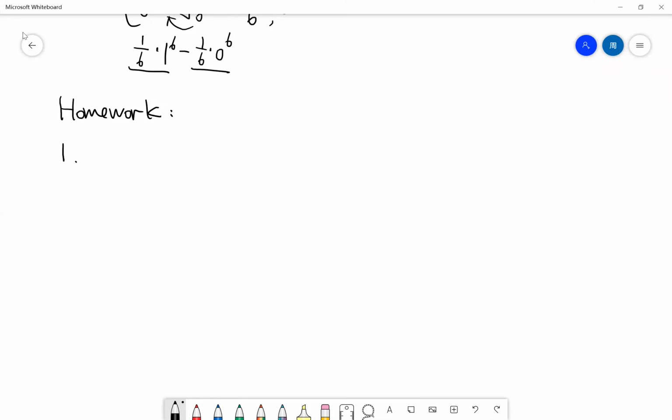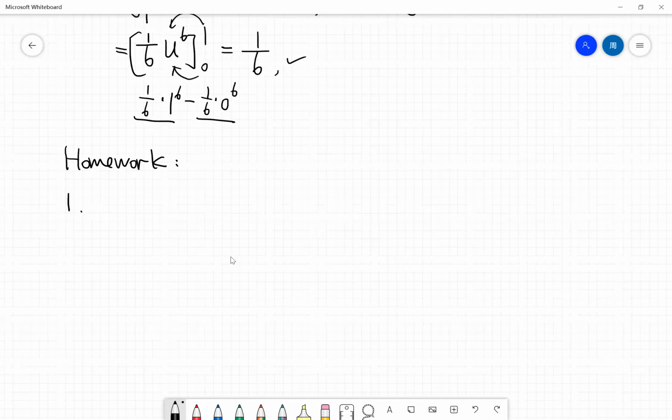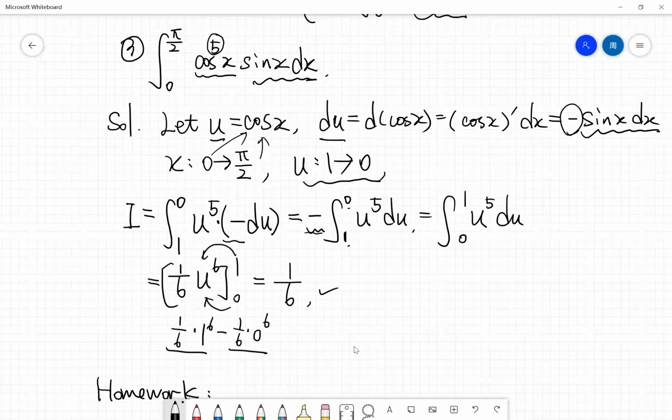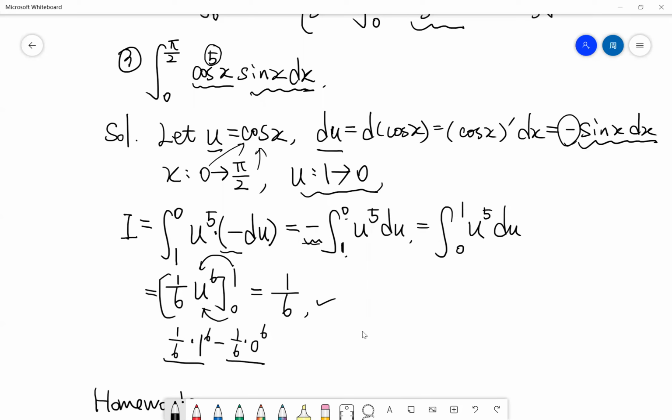For example, for this question, number 3, do you have another way to solve it? Can you tell me? Laoshi, I'll figure it out. Next week, I'll tell you another way to solve it. Okay, of course. If you have another way to solve it, that is okay. And I will check one by one.